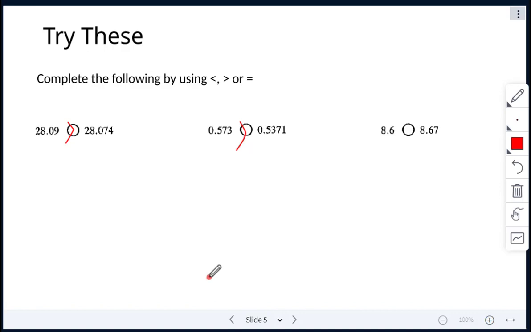So therefore, that one is greater. Okay, 0.573 is greater. And next we have 8.6 and 8.67. So in the hundredths digit, basically we have a 0 here. This one is a 7. So 8.67 will be the greater one.